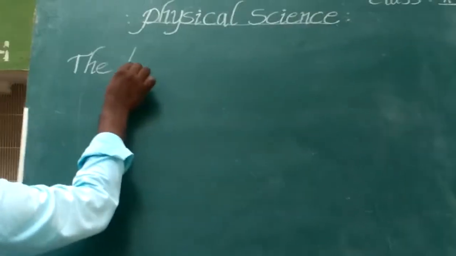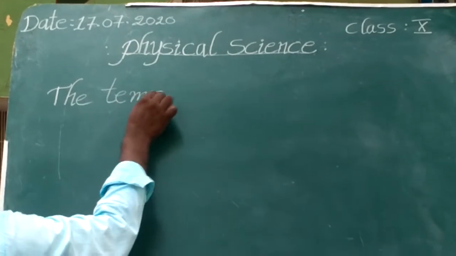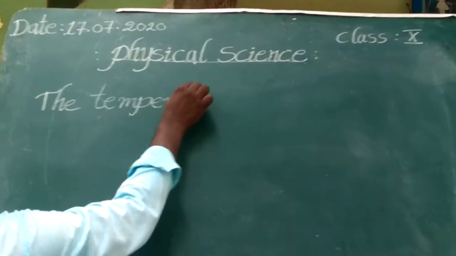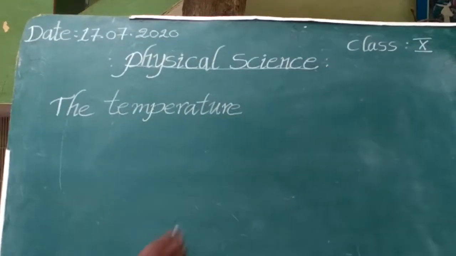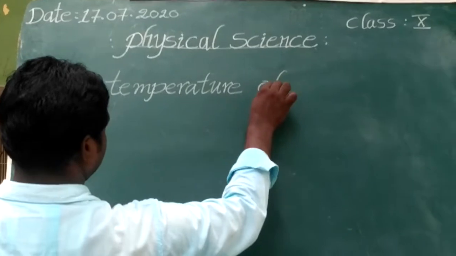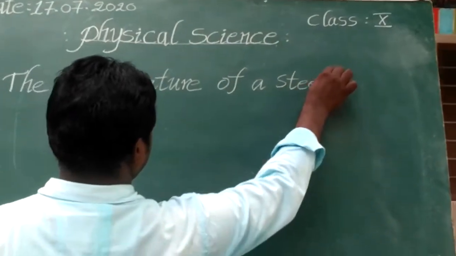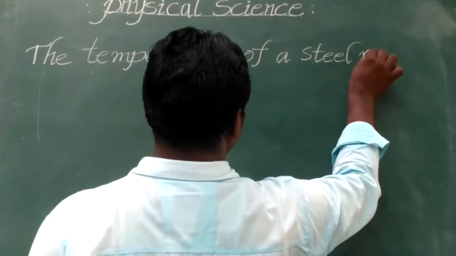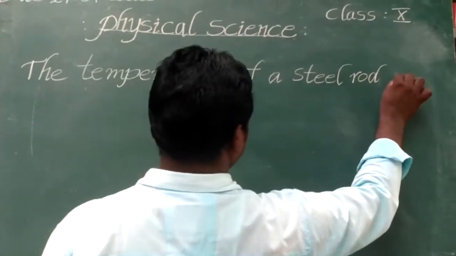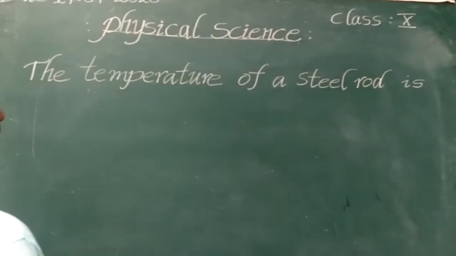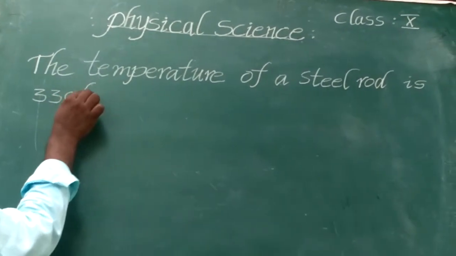The temperature of a steel rod is 330 Kelvin.